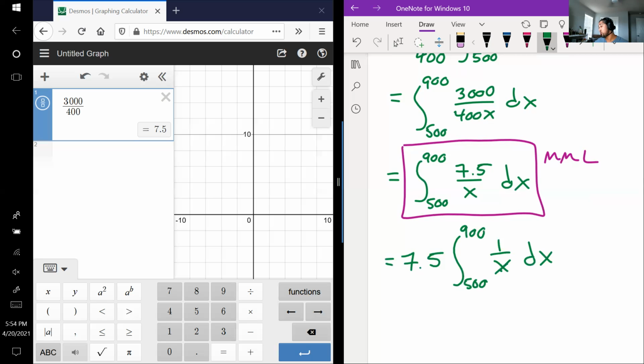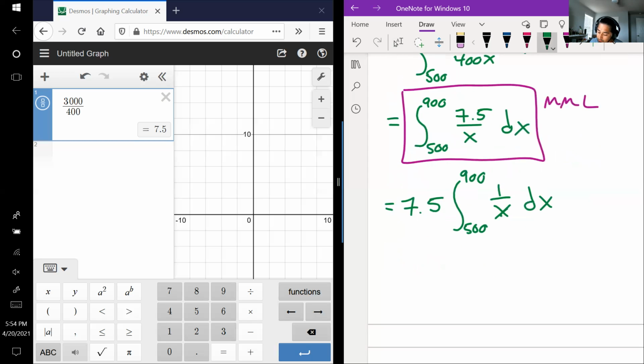And now we know that the antiderivative of 1 over x is the natural log of the absolute value of x. So this will become 7.5 times the natural log of the absolute value of x evaluated from 500 to 900.